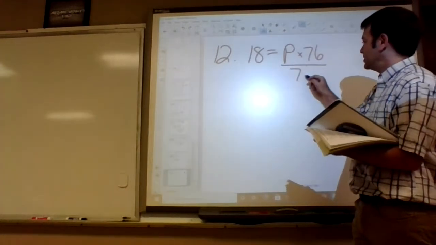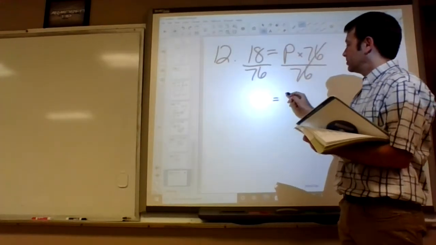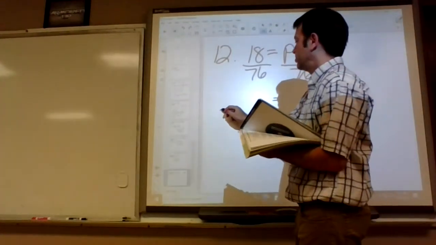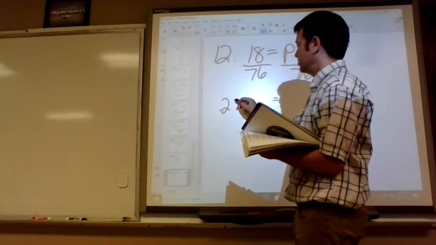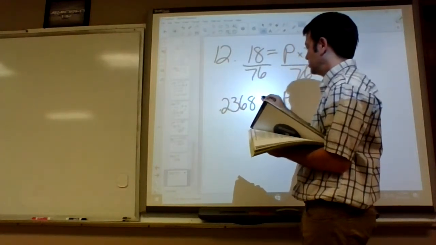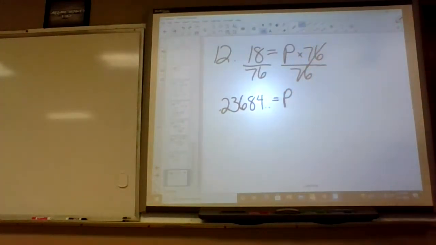Divide by 76. That goes away. 0.2368, 3, 6, 8, 4. Okay, that's enough. The direction said round to the nearest whole percent. Let's change it to a percent first.